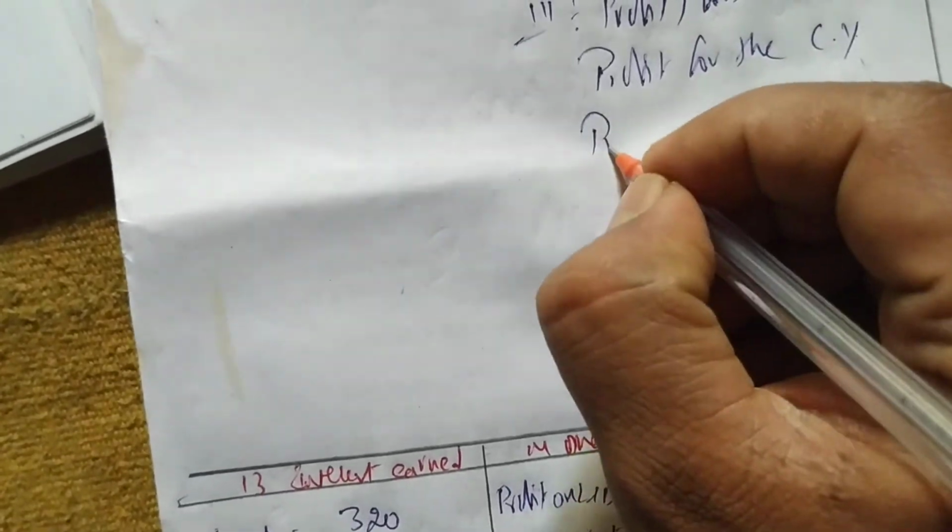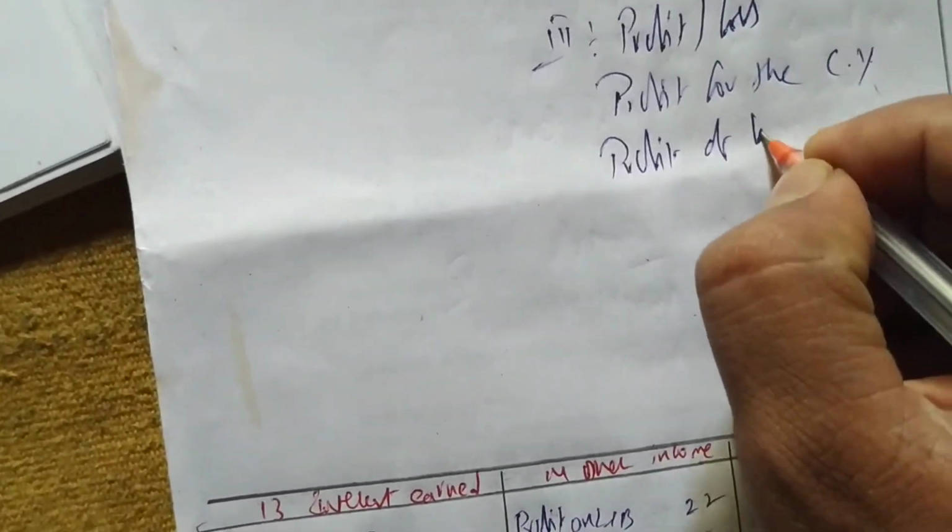Then operating expenses, schedule 16, and provisions and contingencies, which are not there. Then we do total 2. Next we write profit and loss. Profit of current year, CY means current year. Profit of last year is not given. Then we do total.